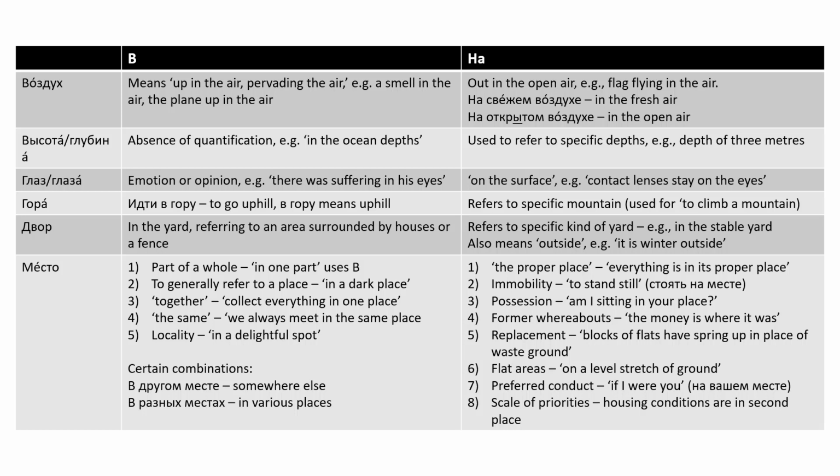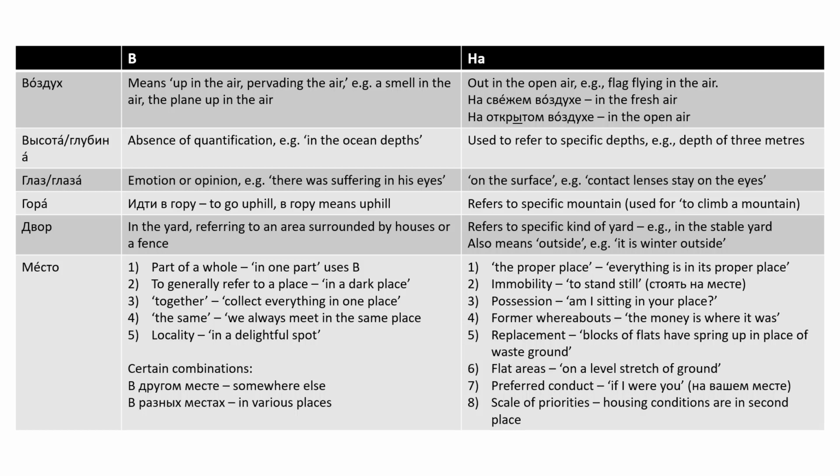So for example, everything in its proper place, you would use na. To stand still is like to stand on a specific place, so you use na. Am I sitting in your place? It's referring to a specific place, it's na. And then the money is where it was, you would say na prezhnem meste, which means in its previous place, so like where it was put in that fixed area that it's referring to.